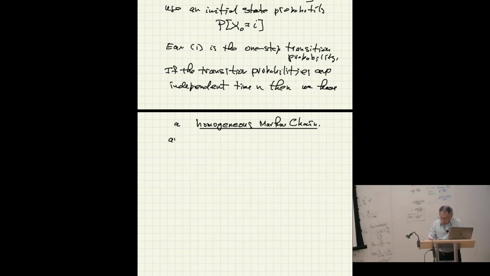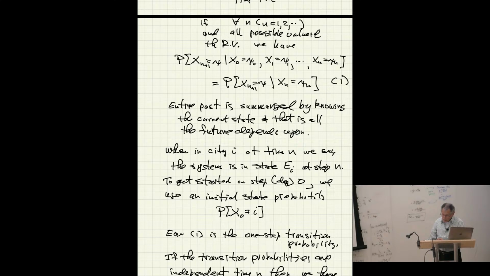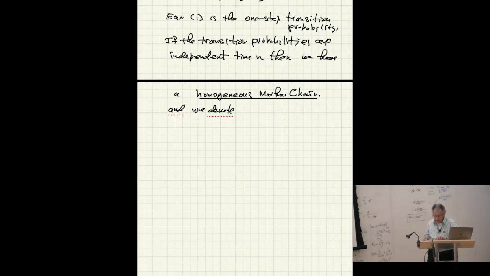Notice up here on equation 1, the index n seems to matter. For example, this probability that xn equals x given xn equals xn could depend upon the index n. 20 years from now, that transition probability may be very different. If it's homogeneous, it doesn't change with n. And then we're going to use a simpler notation.